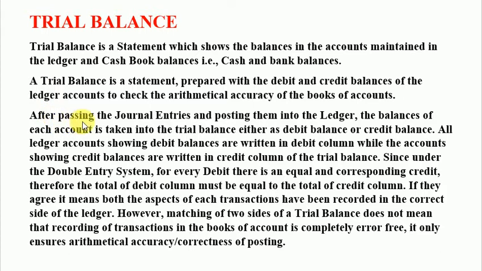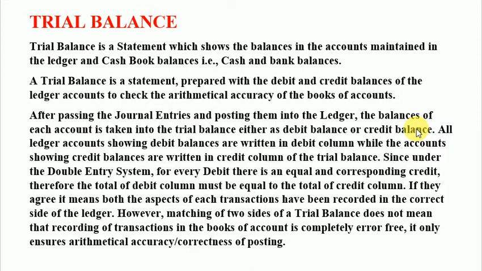After passing the journal entries and posting them into the ledger, the balance of each account is taken into the trial balance, either as a debit balance or a credit balance. Suppose there is no balance, then we will not take those heads into the trial balance.